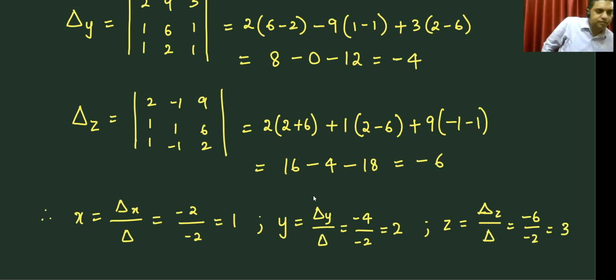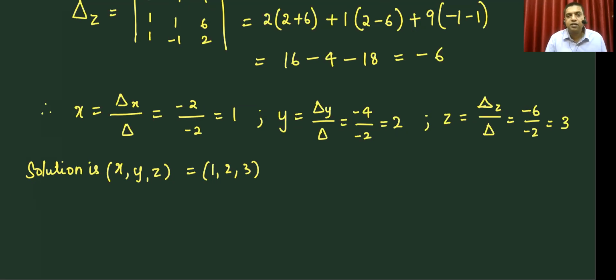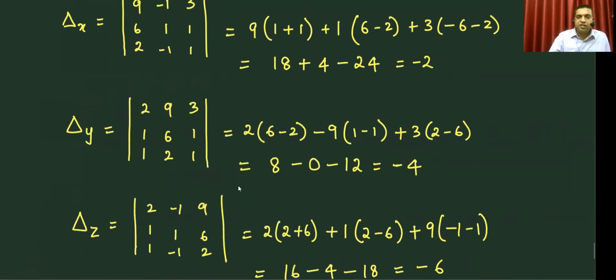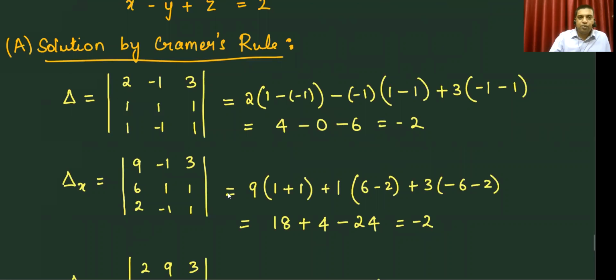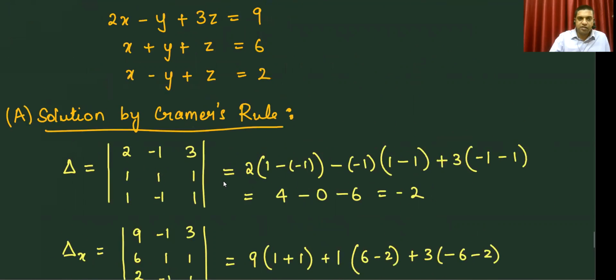Okay. So x, y, z, the solution is 1, 2, 3. So this is the Cramer's rule for solving simultaneous linear equations.